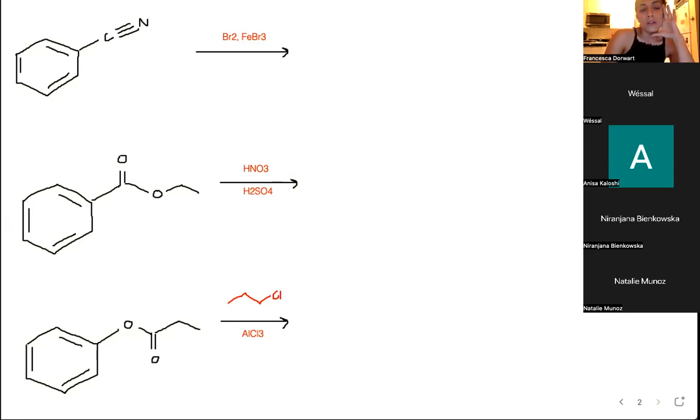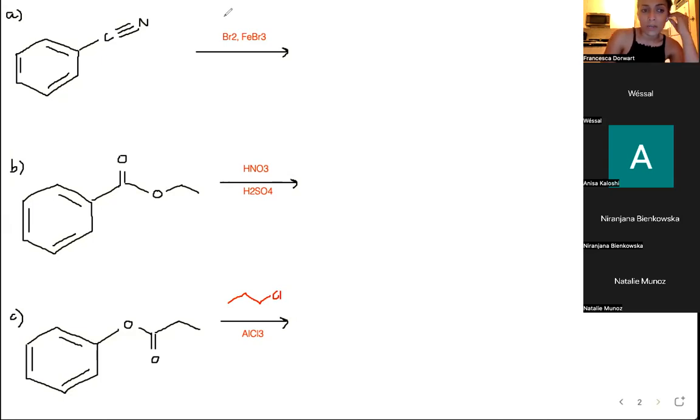All right, so this is what I expect you guys to be able to do for these types of questions. Not only would I expect you to be able to draw the product, but to analyze the intermediate stability. So if we look at this first one here, let's call it A, what am I adding to my molecule? A bromine, exactly.